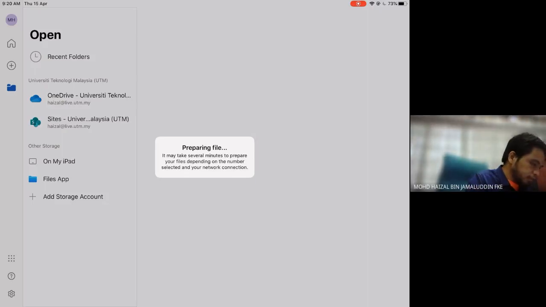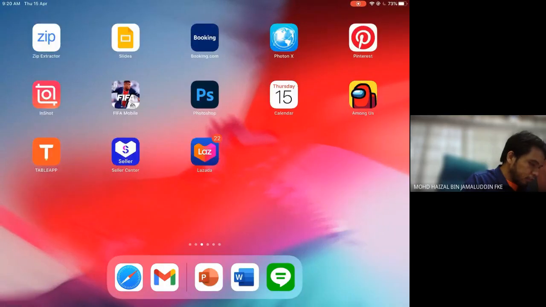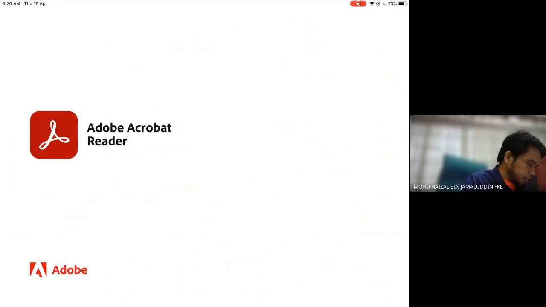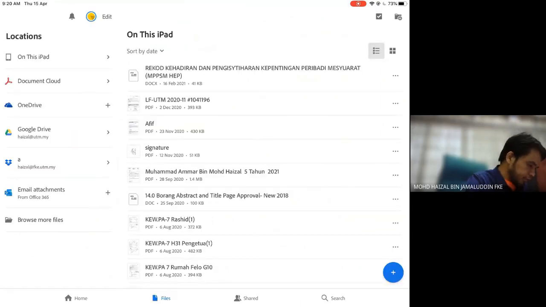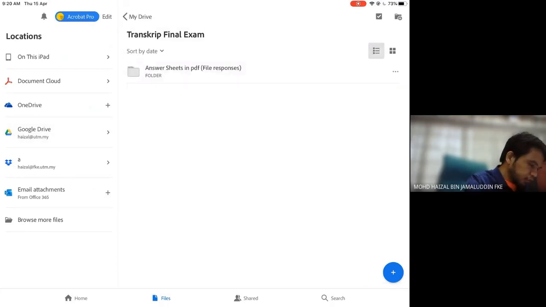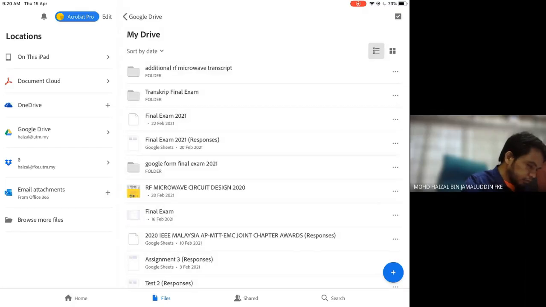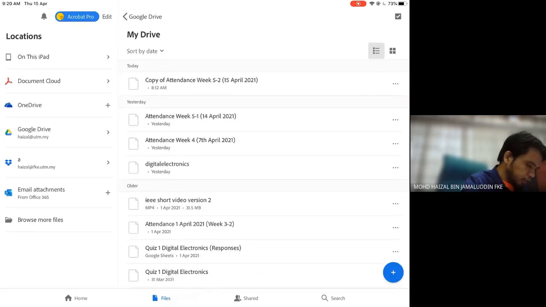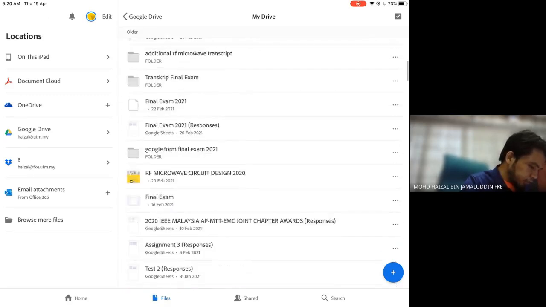It seems it can't work. Did it hang or what? It hung, so it won't come out. So let's see if I can get, what's this? Google Drive, My Drive.